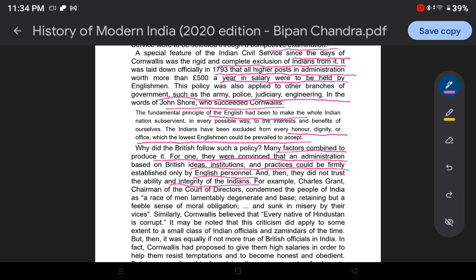For example, Charles Grant, chairman of the Court of Directors, condemned the people of India as a race of men lamentably degenerate and base, retaining but a feeble sense of moral obligation, and sunk in misery by their vices. Similarly, Cornwallis believed that every native of Hindustan is corrupt.